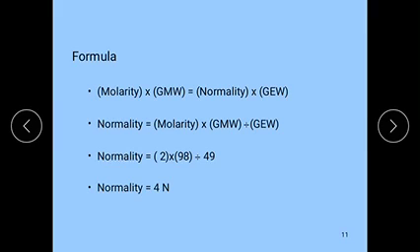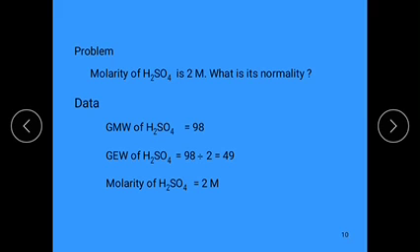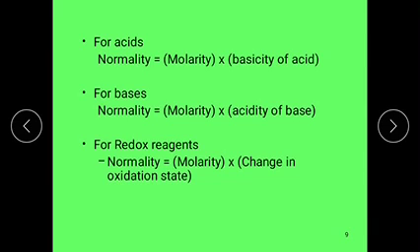Simply, we can write it using the equation we just gave: for acids the normality equals molarity into basicity of acid.